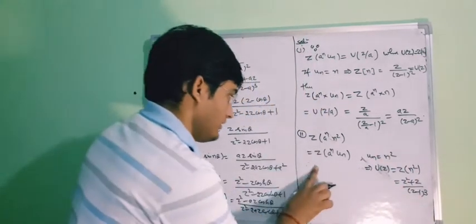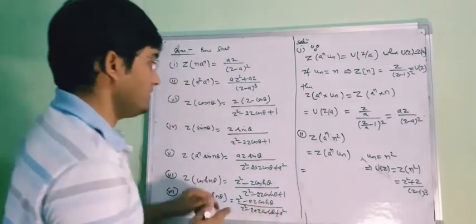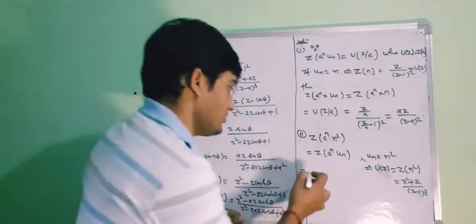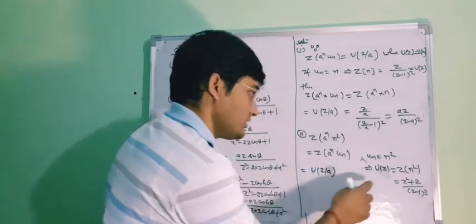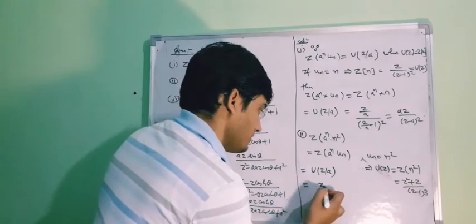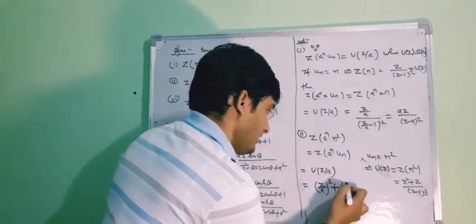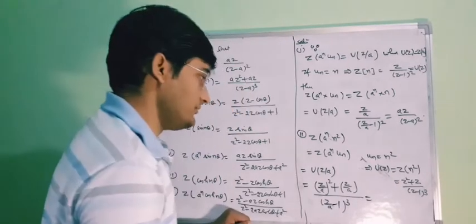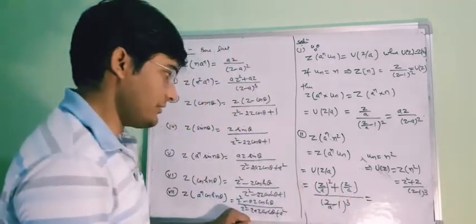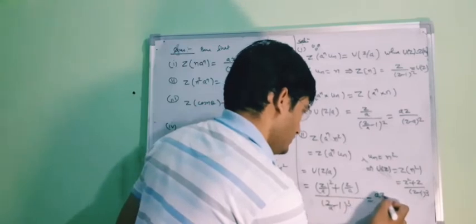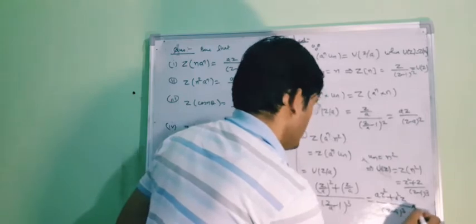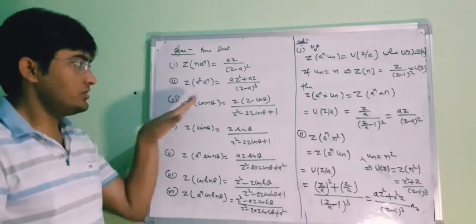Now by damping rule, this Z transformation of a power n un will be uz by a. That means we will have to replace our z by z upon a. So this is your z upon a whole square plus z upon a upon z upon a minus 1 whole cube. So your answer is, now from here we will have a square, so a will be here. So this will be a square z upon z minus a whole cube. This is your answer. So this is your second part.